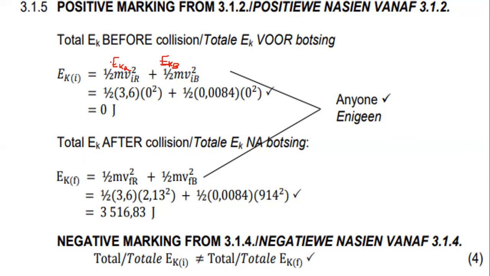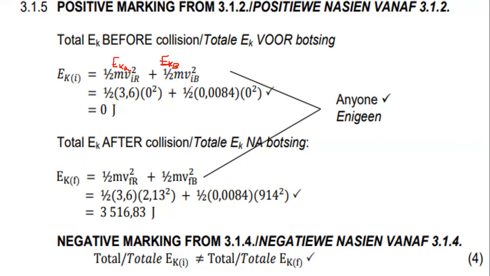So we will then say, in our substitution, it will be half multiplied by the mass of the rifle. Remember, it was 3.6 kilograms. And the initial velocity of the rifle, remember, it is 0 meters per second. Why? Because the rifle was stationary.